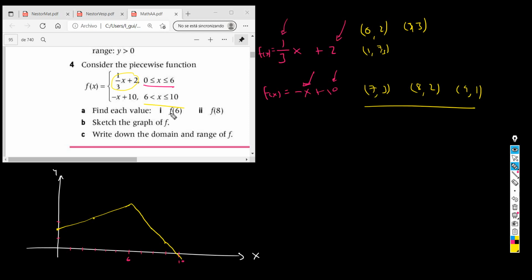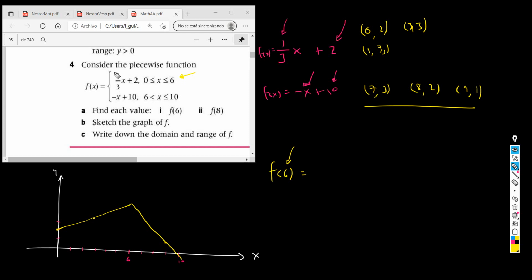So find each value f of 6. How do I calculate f of 6? All you need to do is this. This input, 6, in what part of the function is this input? Is it in the first one or in the second one? It's gonna be in this one, because as you can see, 6 is included in this domain but is excluded from this part of the domain.